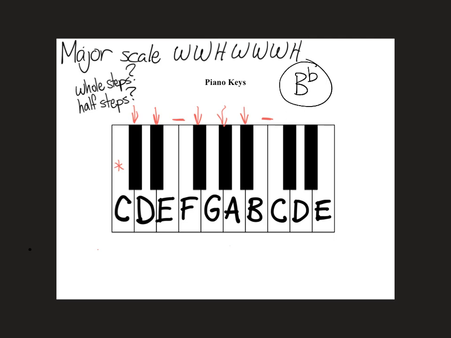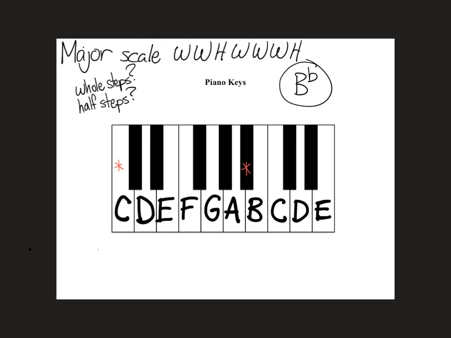And saxophones, I guess you'll just have to figure it out on your own. But if we look at a B flat scale, we know that the first note is a B flat. Right here.